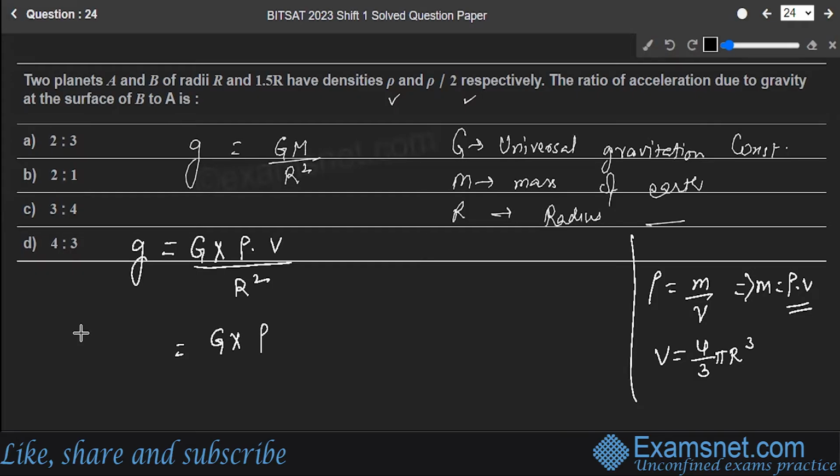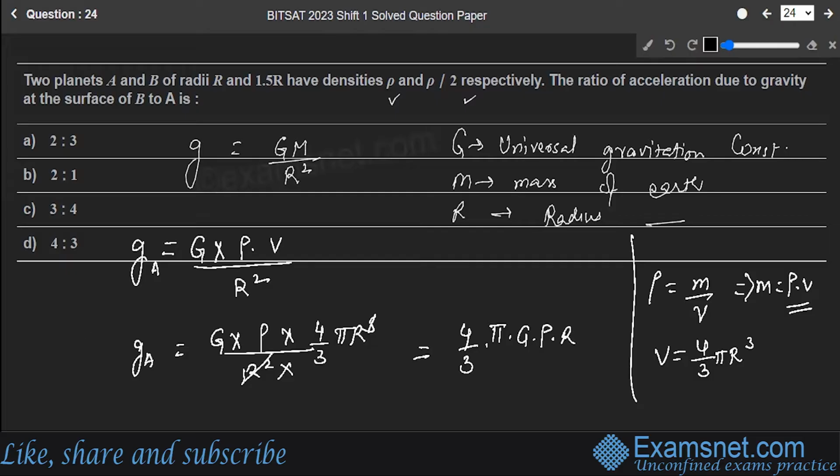This is for planet A. Rho into volume, 4 by 3 pi r cube, divided by r square. So this will cancel and gA is equal to 4 by 3 into pi into G rho into r.